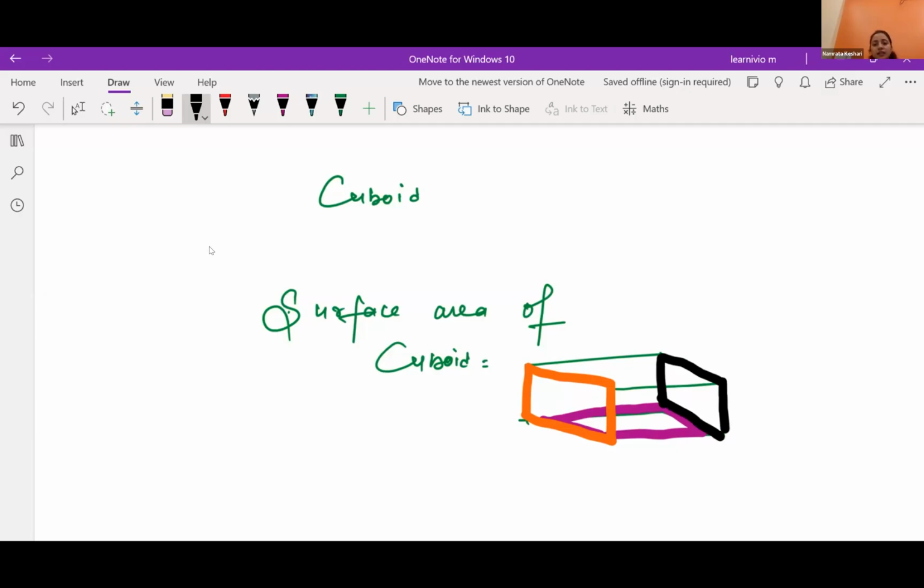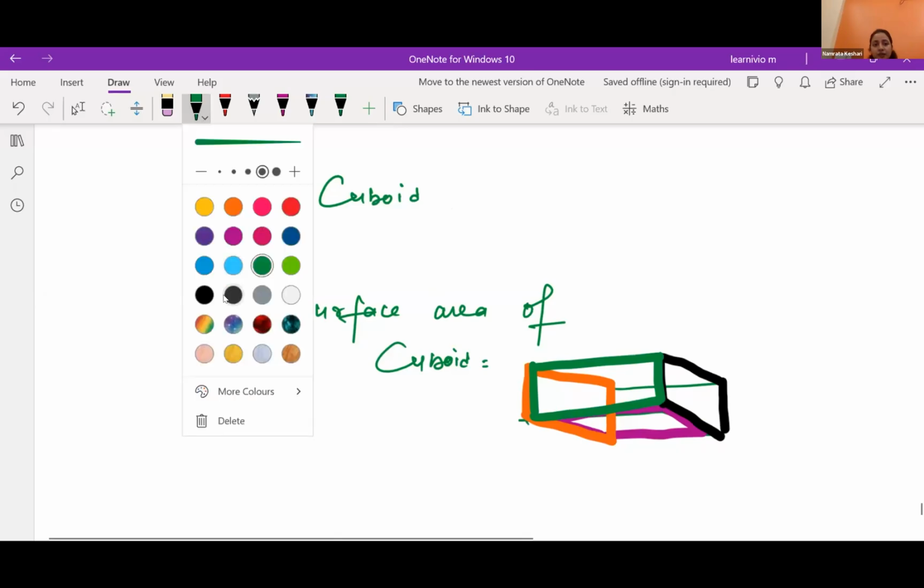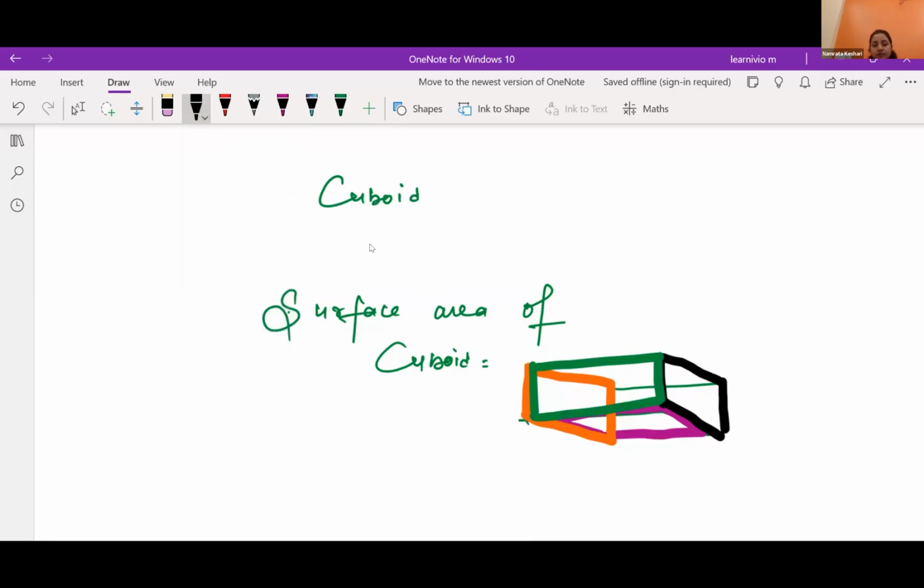There is a rectangle at the back. Sum of all rectangles, I think so. Okay, yes. Sum of all rectangles will be the surface area.